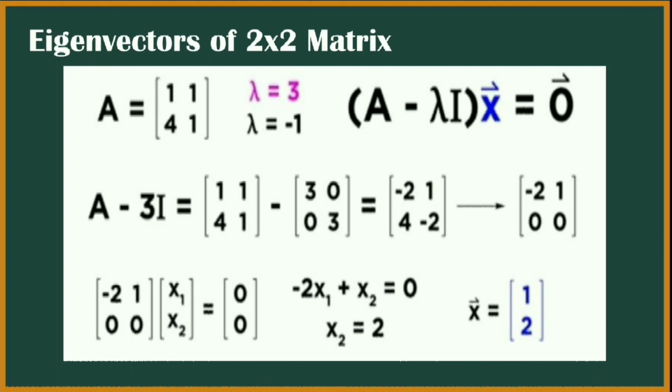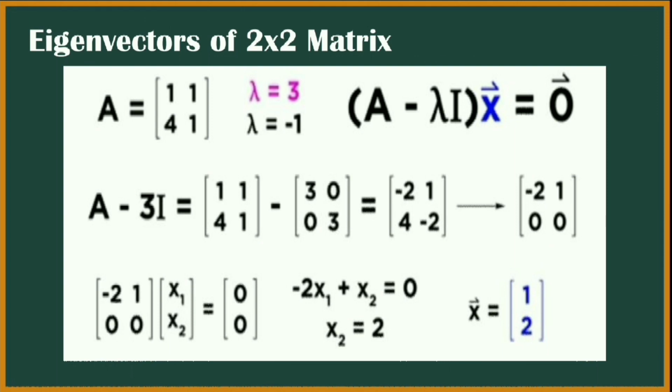So next, we need to find the eigenvectors of a 2 by 2 matrix. So our given is matrix A with elements 1, 1, 4, 1, and then we will use the eigenvalue lambda equals 3. So we need to substitute into A minus lambda I times x equals the zero vector.